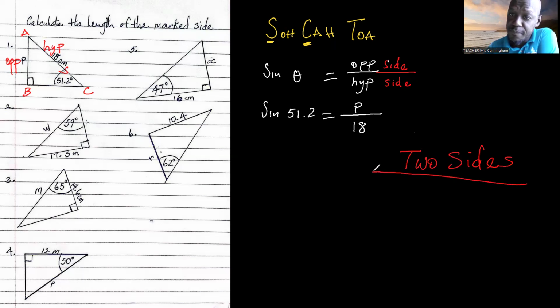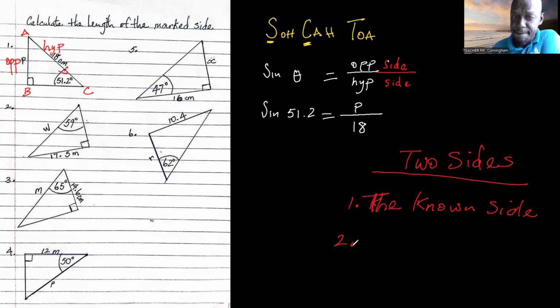By identifying which has the information. The side with the information. So the known side. So I'm going to put the known side. And what's the second thing?